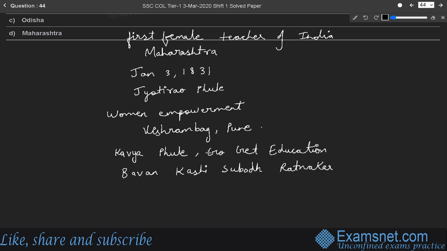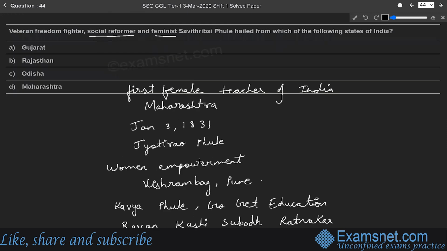She died in the year 1897, while helping the people affected by the bubonic plague epidemic. There was an epidemic back in the year 1897, which was the bubonic plague epidemic. She helped many people, and she died helping those people. So for this question, the correct answer is Maharashtra, as Savitribai Phule belongs to Maharashtra. So the correct option is option D here.